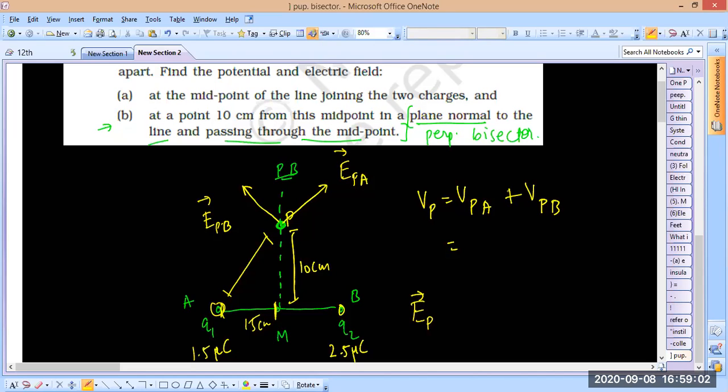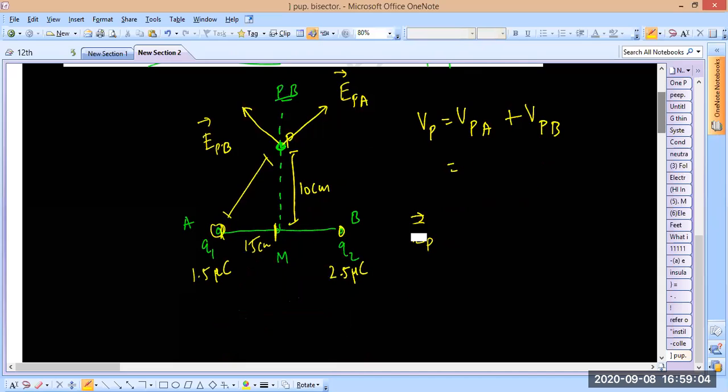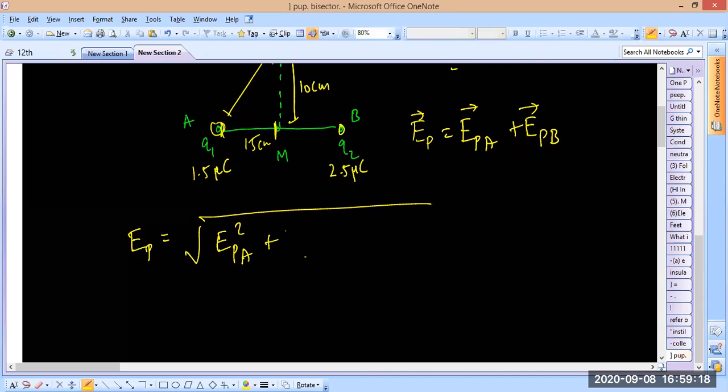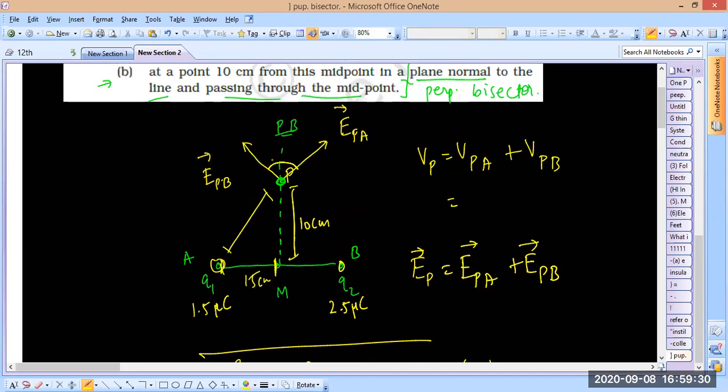So in vector form, of course, you can write it like this. When you find the magnitude of the resultant, EP is going to be under root EPA square plus EPB square plus 2 EPA EPB cos theta, where theta is the angle between these two, this angle.